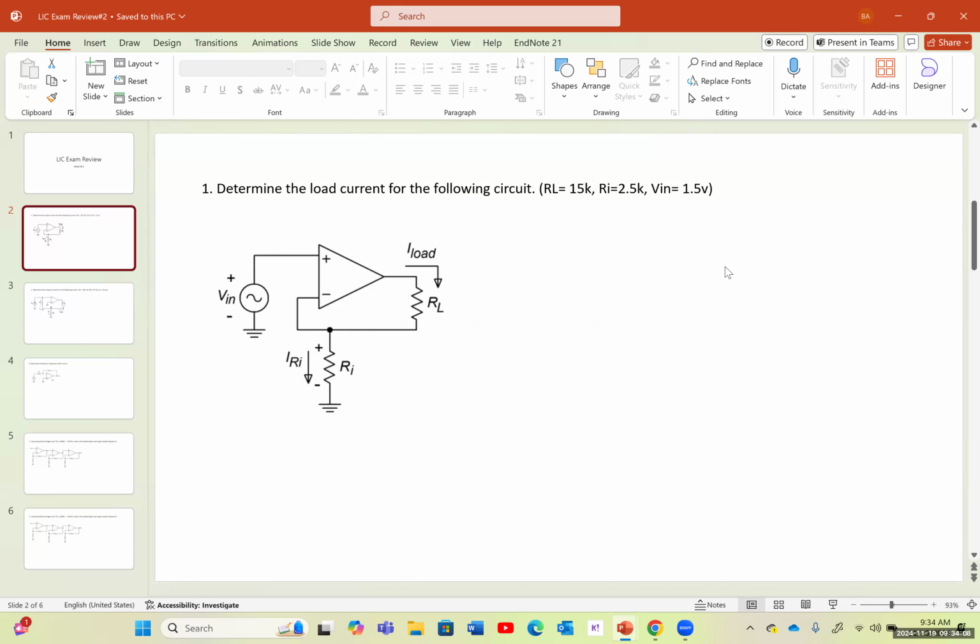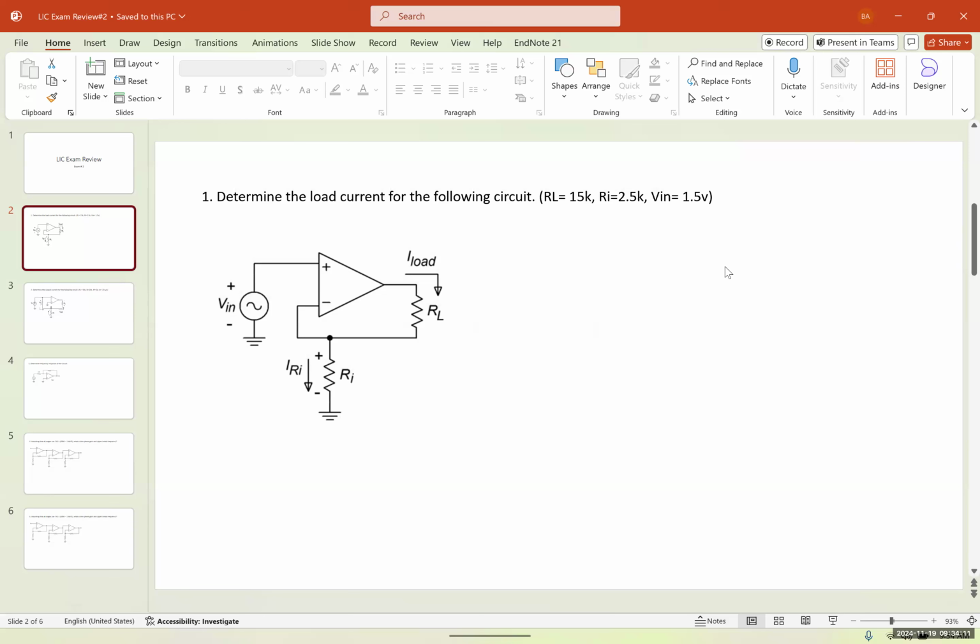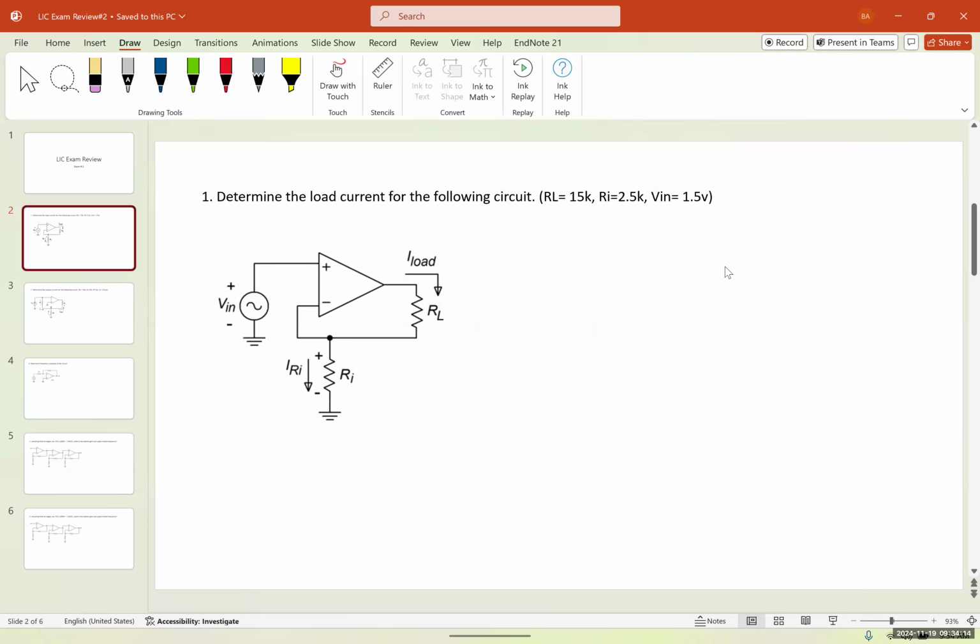RL is 15K, RI is 2.5K, and VN is 1.5 volts. I'll give you 1 minute.